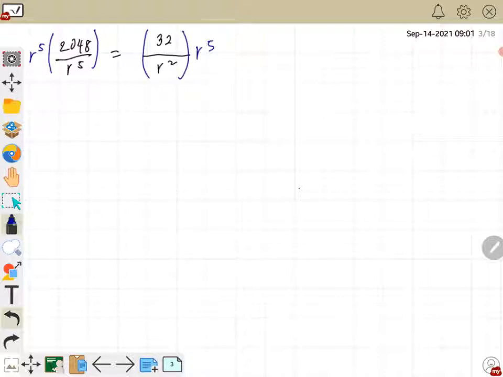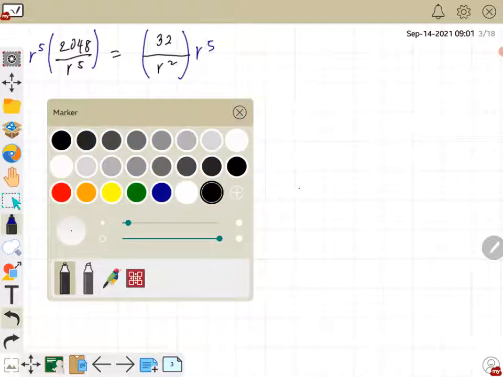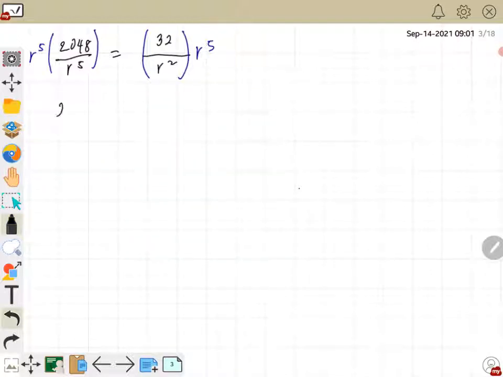So what's left on the left side is just the 2048. By division, the r raised to 5 will be cancelled out. Then by division as well, r to the 5 and r square will become 32 r cubed. Then we can just simply divide both sides by 32.